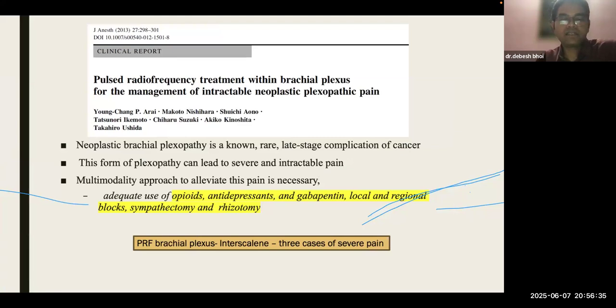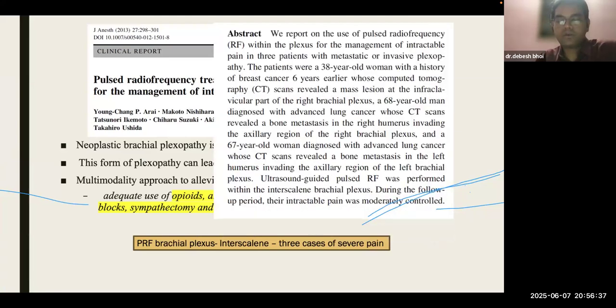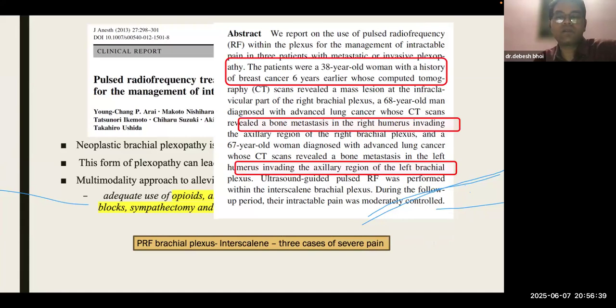They reported 3 cases of severe pain. One is a 38-year-old woman with a history of breast cancer, one is with metastasis of the right humerus, and another is again lung cancer with bone mets. Basically, most of the cancer pain has some metastasis causing intense and intractable pain.